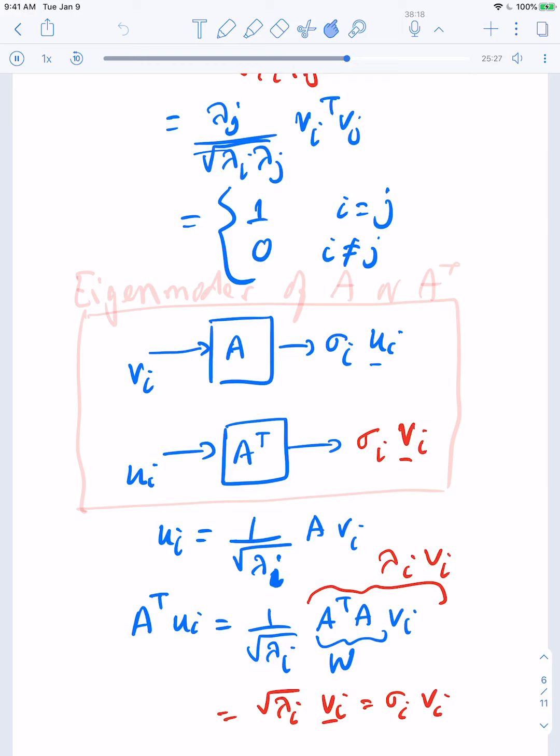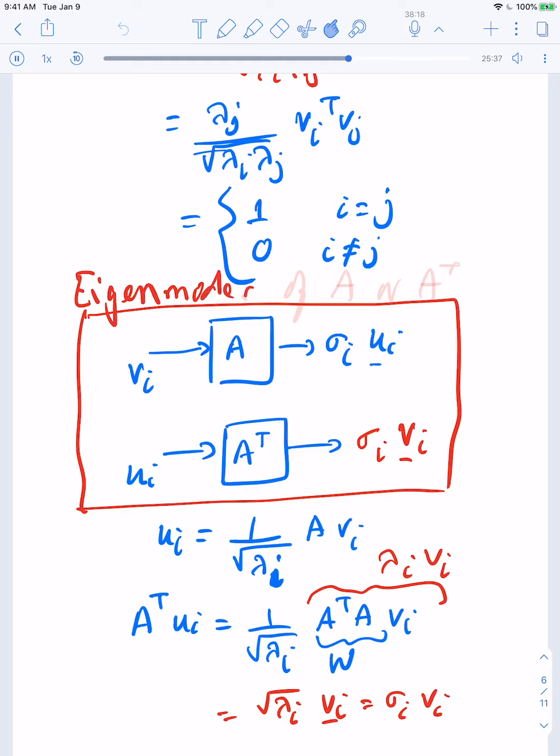So now, given this background, it is fair to call these the eigenmodes of A or A transpose. They come from the eigen decomposition of the matrix W. So now we can talk about the geometric interpretation of what the SVD is.